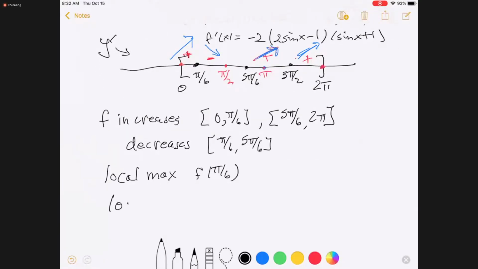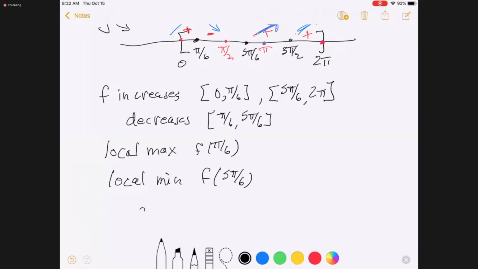And the local minimum is going to be f of 5 pi over 6. And let's see if I can remember what f is. f of x was equal to 2 cosine x plus the sine of 2x.